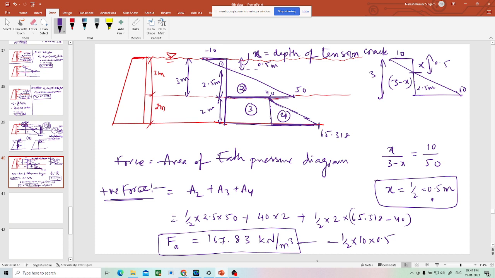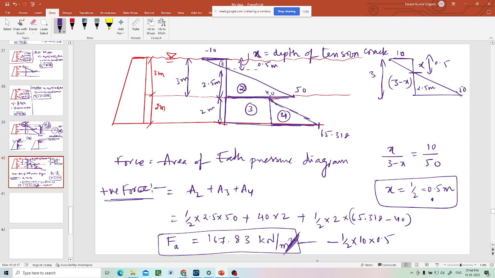Half into 10 into 0.5 is 2.5, so it will become 165.23. That's it. This is how you will be calculating the earth forces.